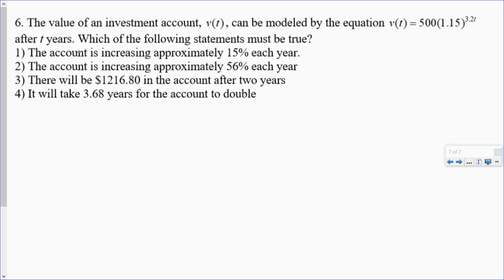Okay, now that you did number 6 on your own, again, my first issue, I need just t. So, since I don't have just t, I am going to absorb whatever was in that exponent into the parentheses. So, it's going to be 1.15 to the 3.2 power to the t. I'm going to go to my calculator.